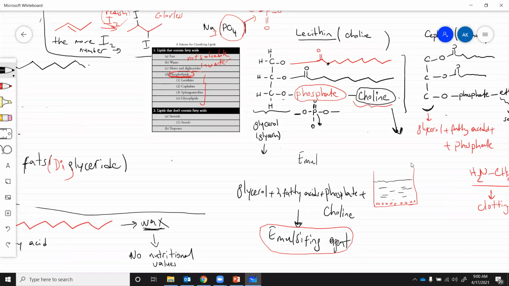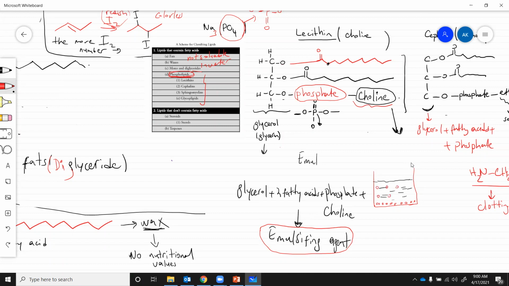So what the emulsifying agent does is it helps these particles, like fatty, oily substances, to be held in suspension. They are still not dissolved, but instead of staying on the bottom, they are hanging in the water. Make sense?